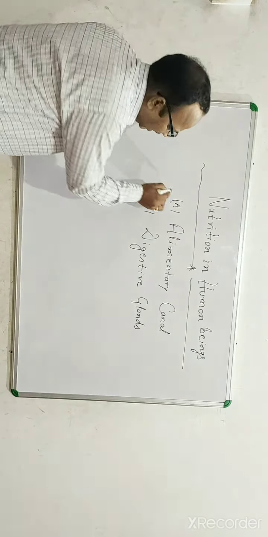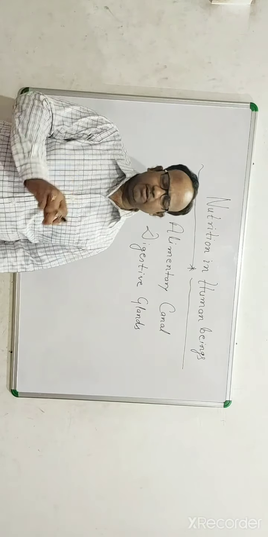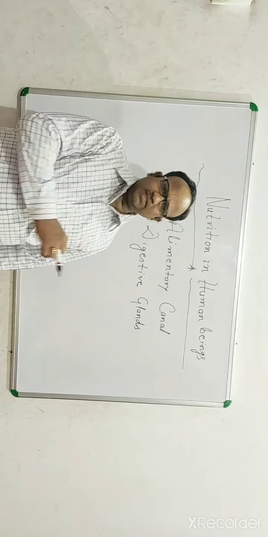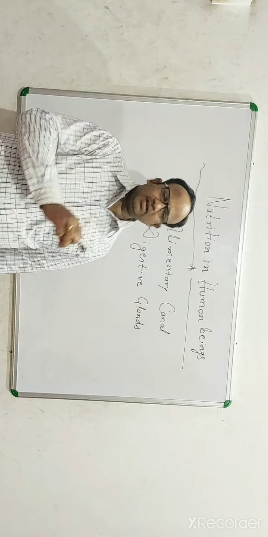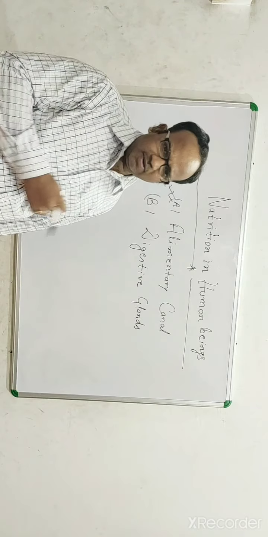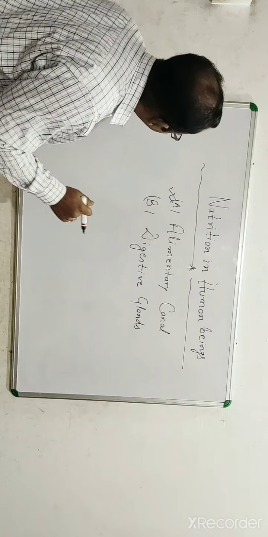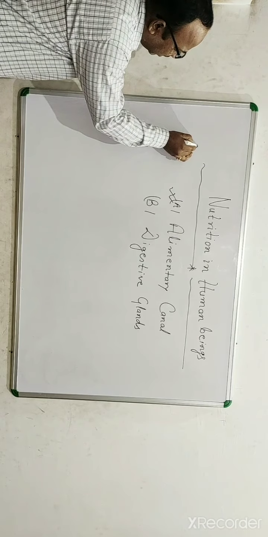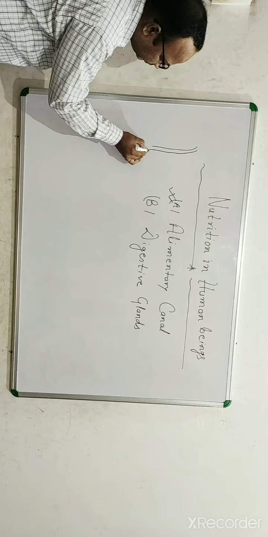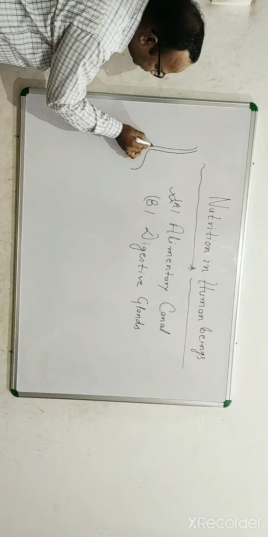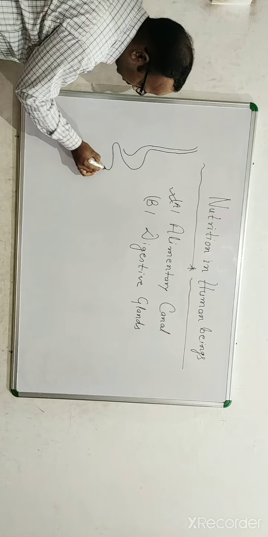First we will go for the alimentary canal, and for this there is a requirement of a diagram. I am just going to draw the diagram, and with the help of this illustration we will come to know how our alimentary canal looks. The alimentary canal is basically a muscular hollow tube.